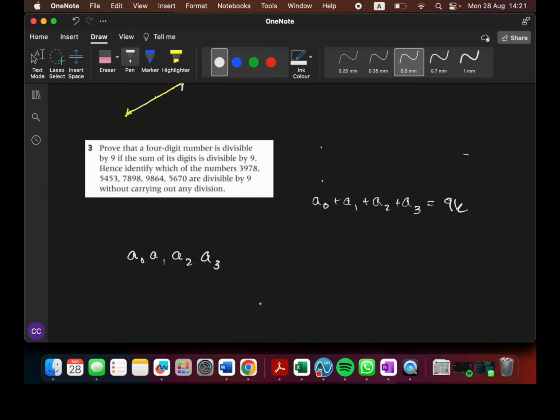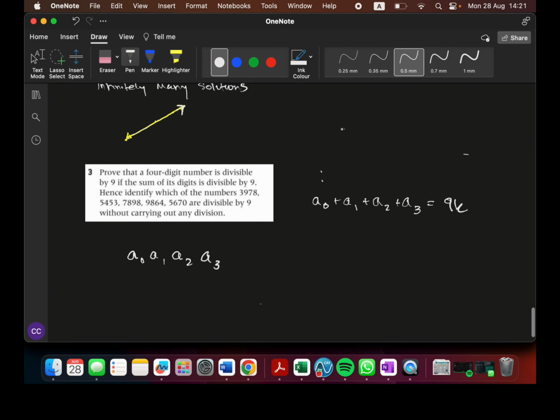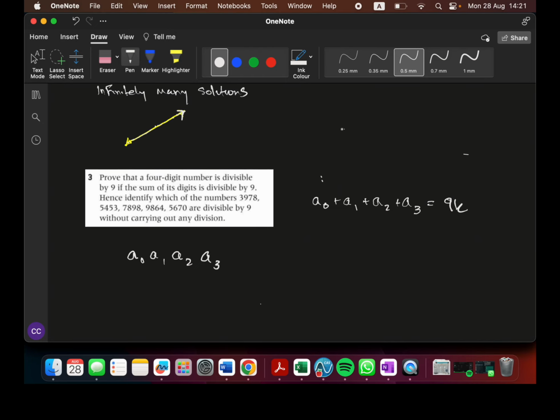Now we're going to do the next bit, which is A0 times 10 cubed plus A1 times 10 squared plus A2 times 10 plus A3.